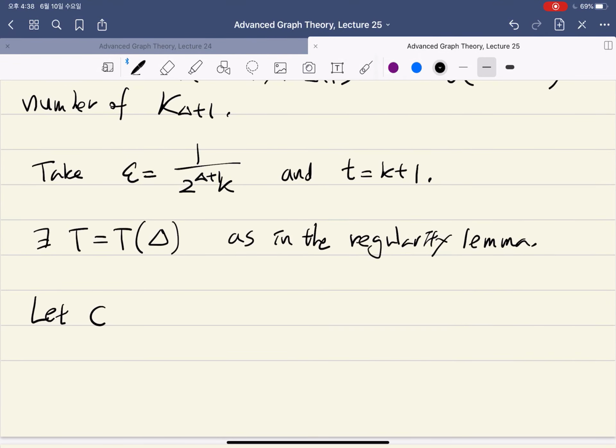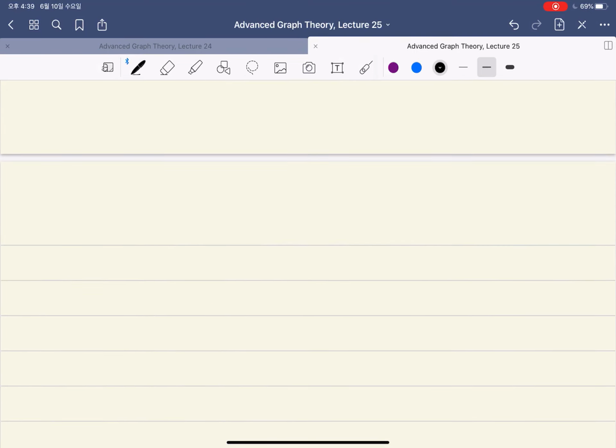So we let C be 3 times epsilon inverse times T, which is a function only depending on the number delta.